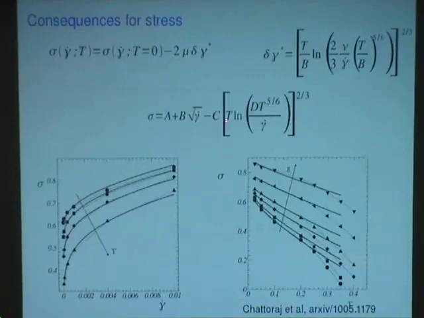Now, with 2 parameters, we fit all the dependencies of all these stress versus temperature curves. All the departures of these curves from their 0 temperature limit are fitted with only 2 parameters. And I've not seen any work of this type on numerical data where you can fit this amount of data with 2 parameters.